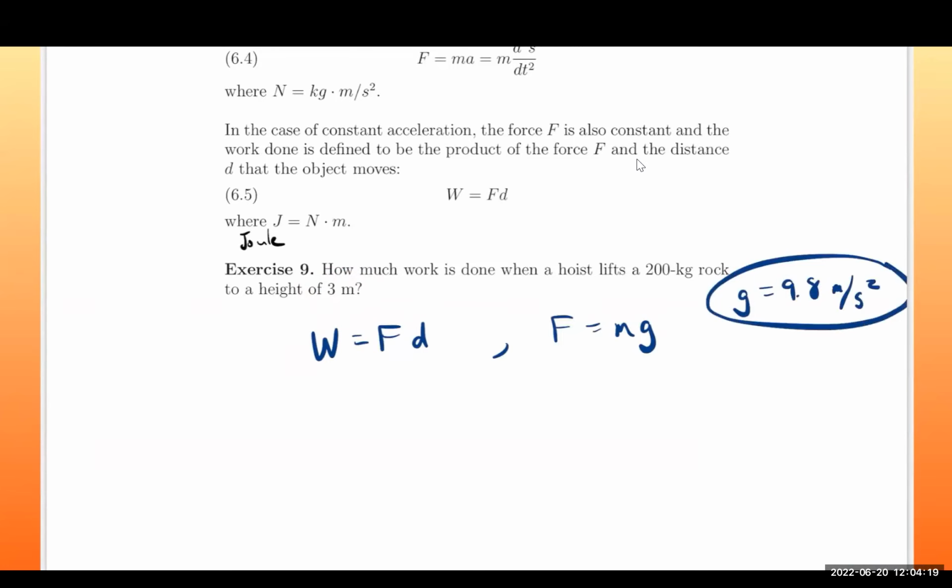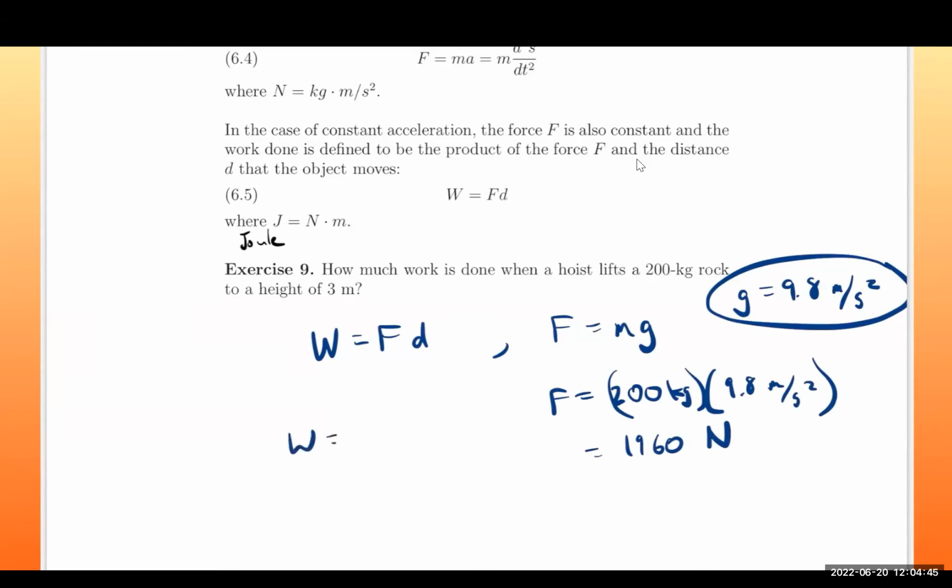That's something that you want to memorize. So now the force is going to equal the mass, 200 kilograms, times 9.8 meters per second squared, and that is going to equal 1960 newtons. Now we can plug that into our work formula.